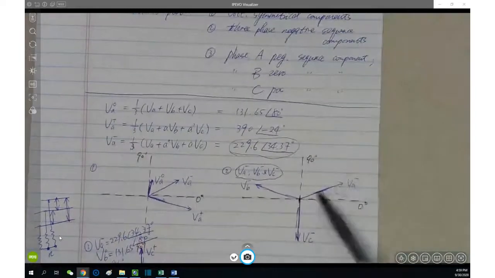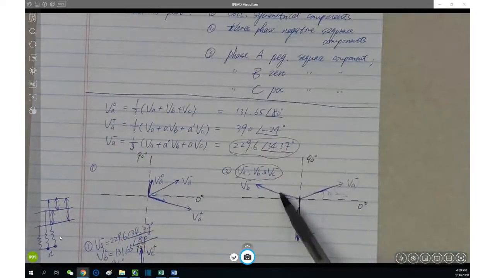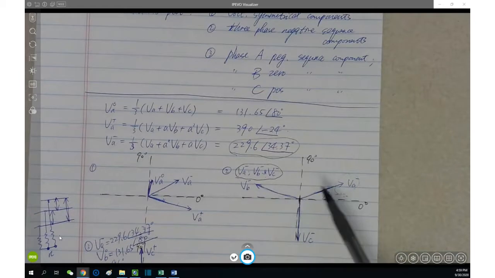So VA minus now is here. Increasing 120 degrees will reach VB minus. Decreasing 120 degrees will reach VC minus. Same length.